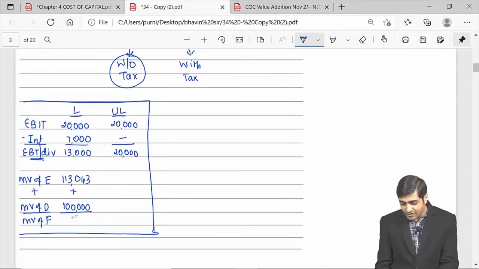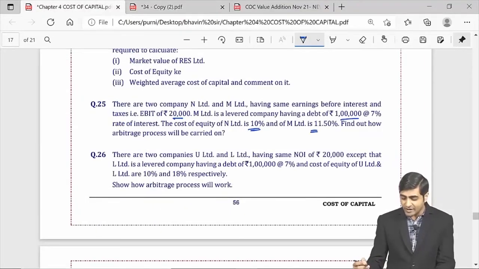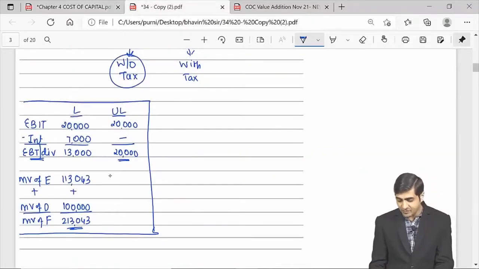So this will be 2,13,043. And when we talk about the unlevered company, you have only dividends of 20,000, which you capitalize by your KE of 10%, giving you 2 lakh rupees, and there is no debt in the capital structure at all.